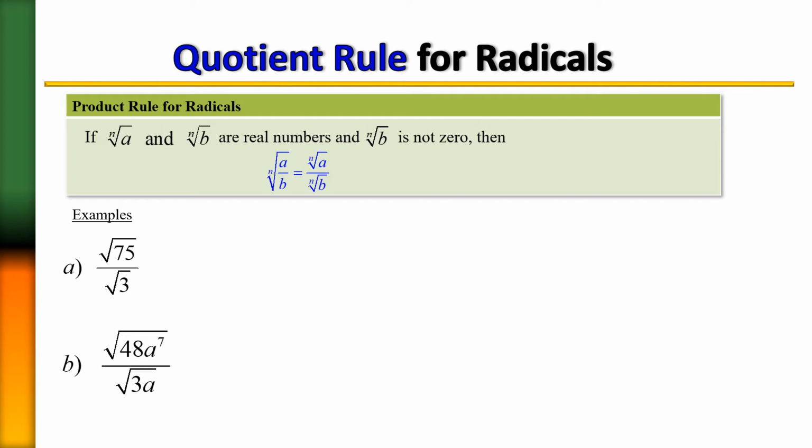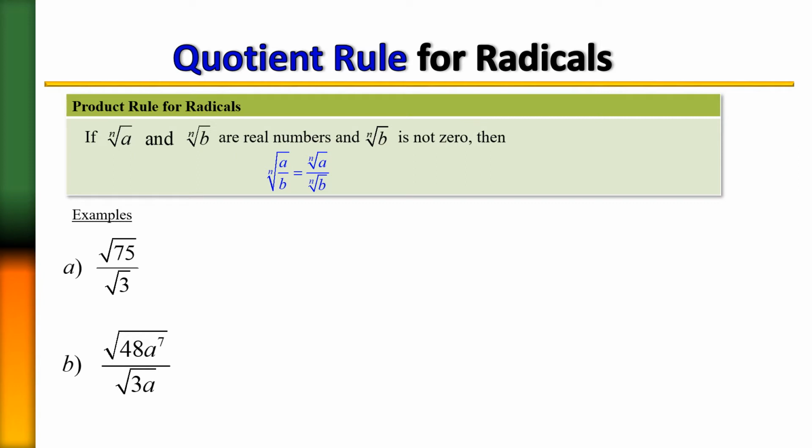So what this rule states is, if you have a radical on top and a radical on the bottom, and they both have the same index, then you can simply divide them, top divided by the bottom. Now you can see it in two different forms.